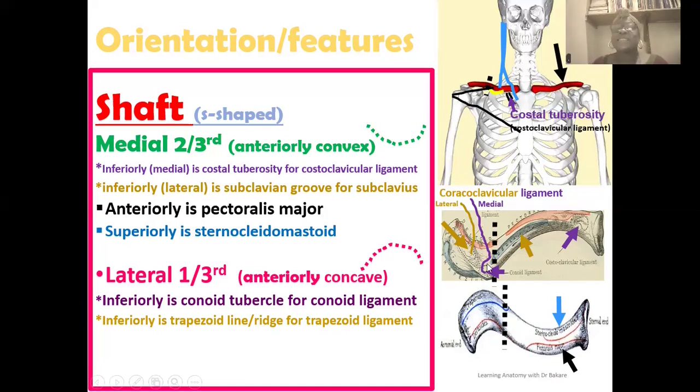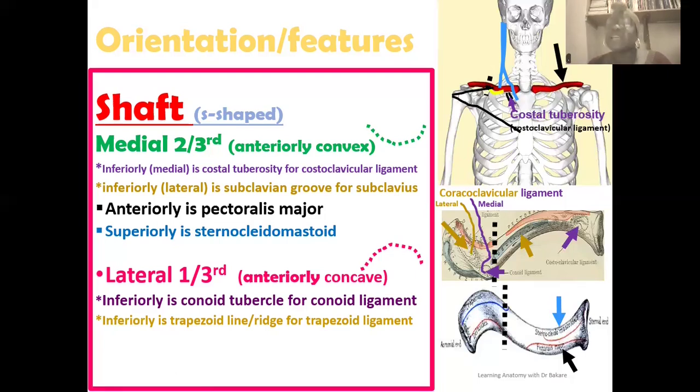So you see that these two ridges created at the inferior border of the lateral one-third of the clavicle create the contact point for the coracoclavicular ligament. It is important that we highlight that this coracoclavicular ligament is divided into two sub-regions. On the medial side, we have the conoid ligament, while on the lateral side, we have the trapezoid ligament.